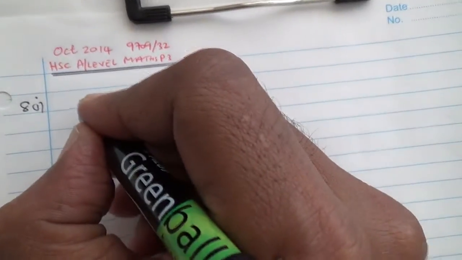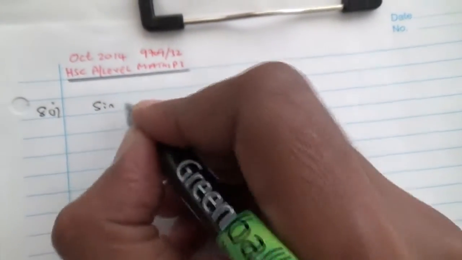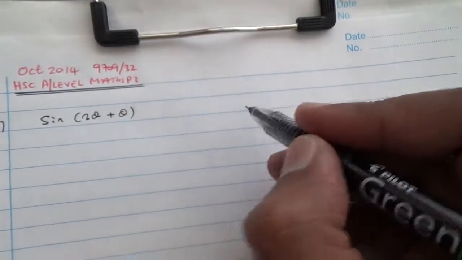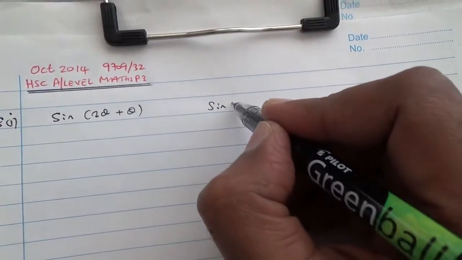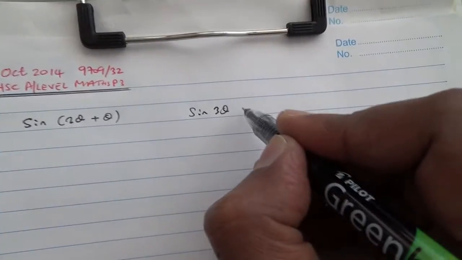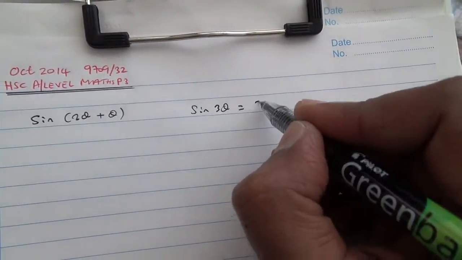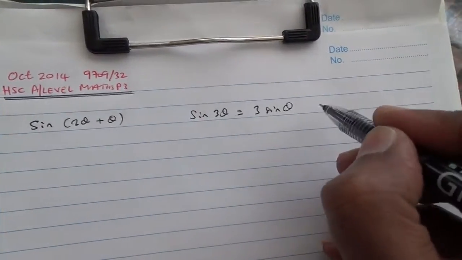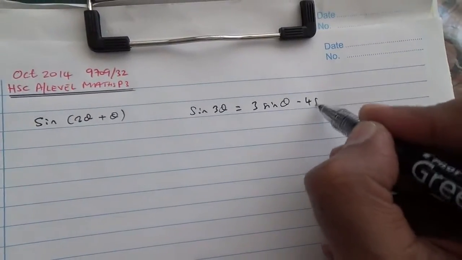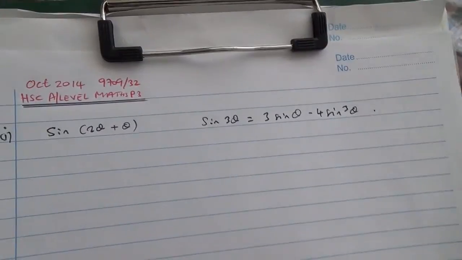We have to show that sine of 2 theta plus theta, which is sine 3 theta, is equal to 3 sine theta minus 4 sine cubed of theta. So, what do we recall?